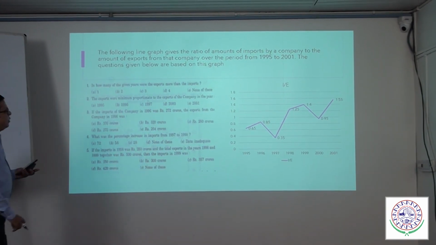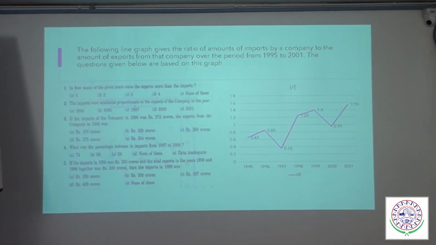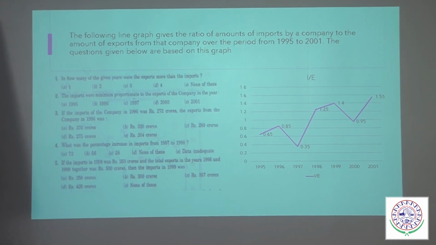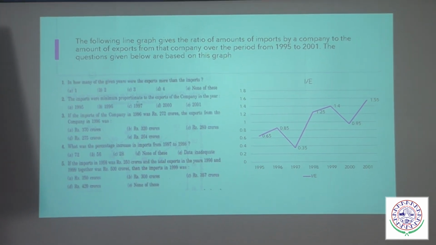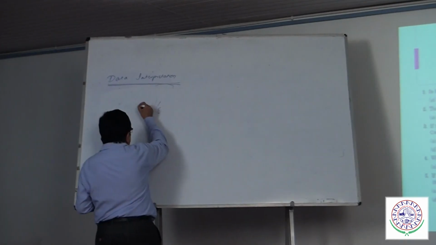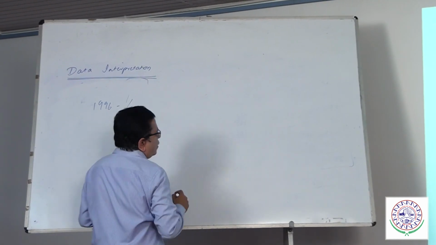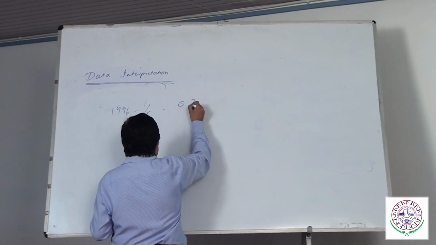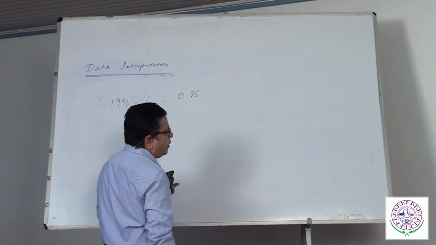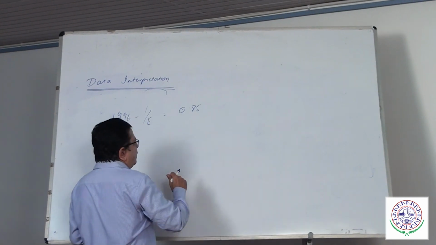The minimum imports were 0.35. If the imports of the company in 1996 were 272 crores, exports from the company in 96 was, so you have import by export in 1996 at 0.85, and what are the imports at that time?